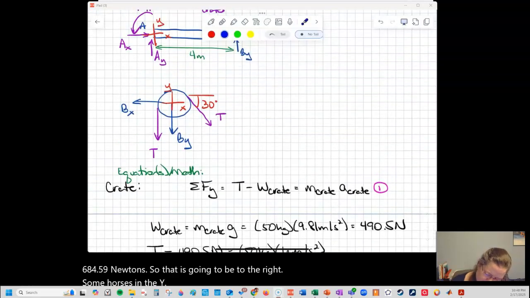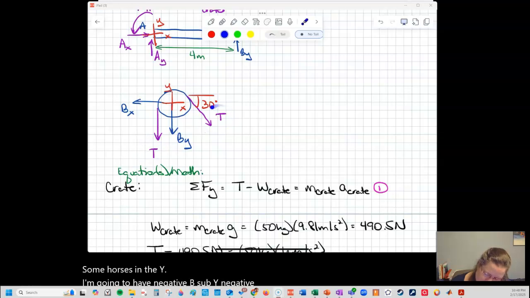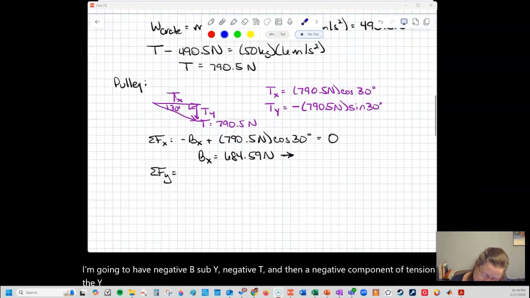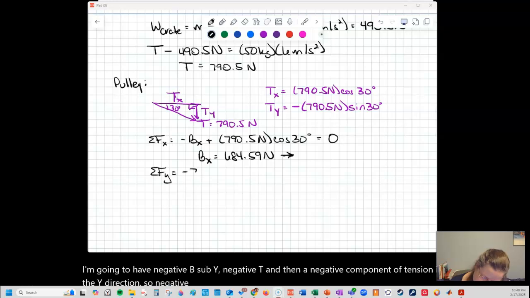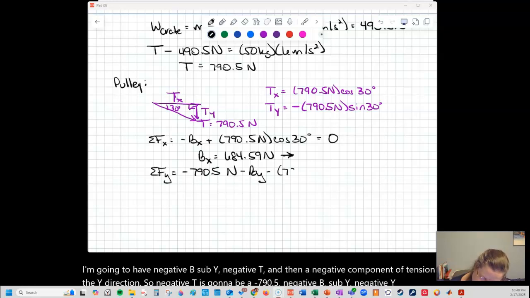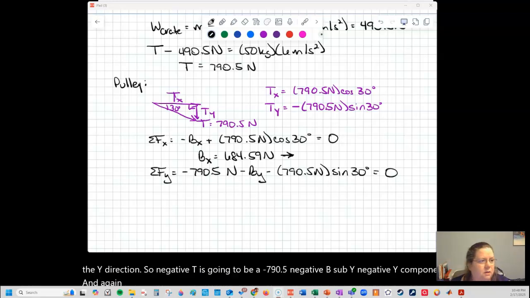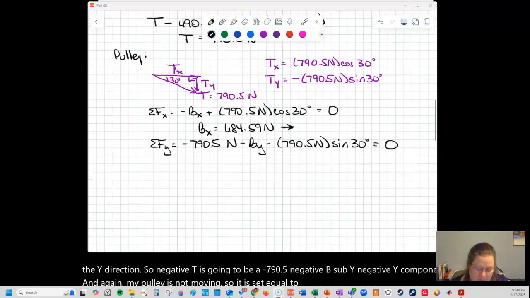I'm going to have negative b sub y, negative t, and then a negative component of tension in the y direction. So negative t is going to be a negative 790.5, negative b sub y, negative y component, and again, my pulley is not moving, so it is set equal to 0.